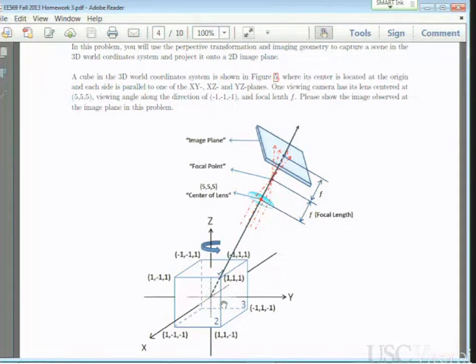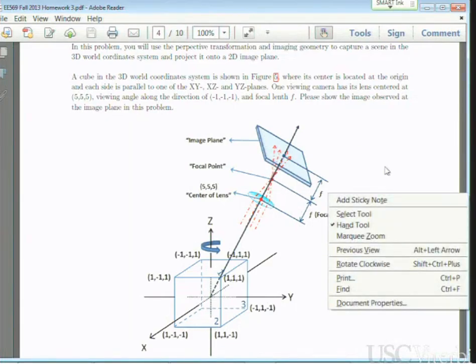Usually we have the focal length. There is the lens, and there is the lens center. If you have parallel light going through the lens, it will pass through the focal point and then be projected onto the image plane.